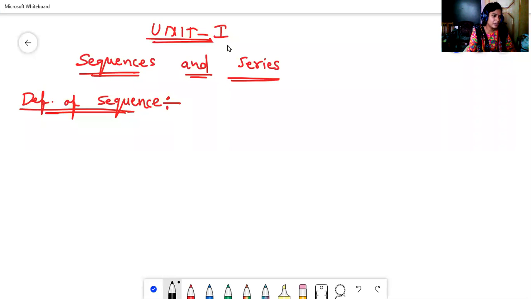In this first topic, sequences and series. First, we can define what is the definition of the sequence.